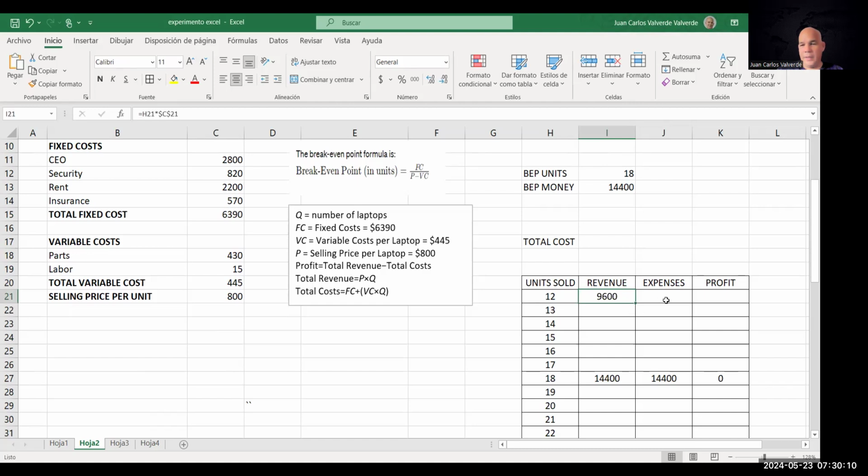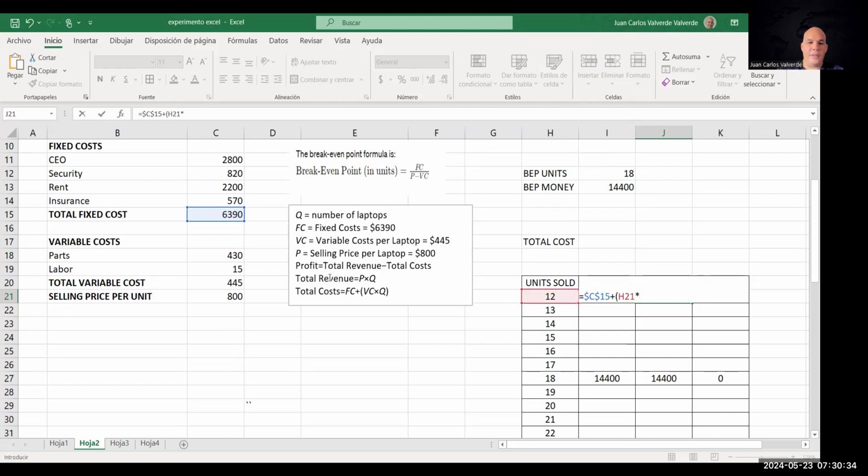Okay, and the expenses equal the fixed cost. Let's make it an absolute reference, plus, I open parentheses, the number of computers sold times the variable cost.